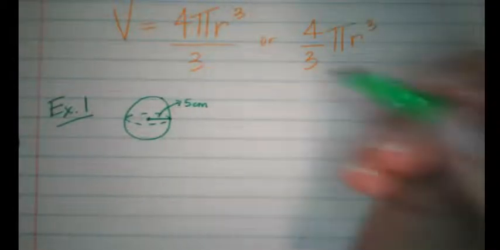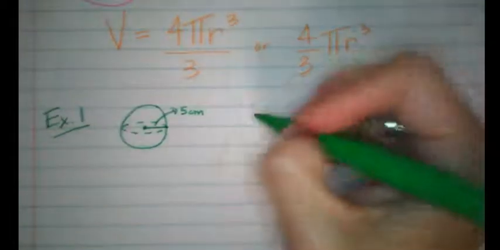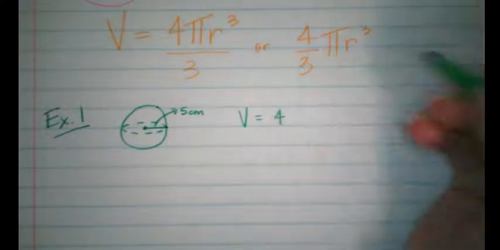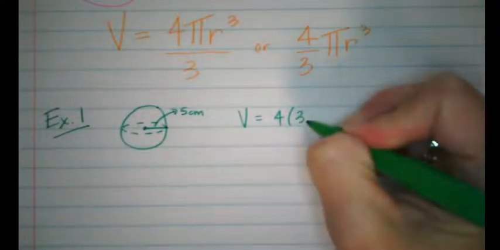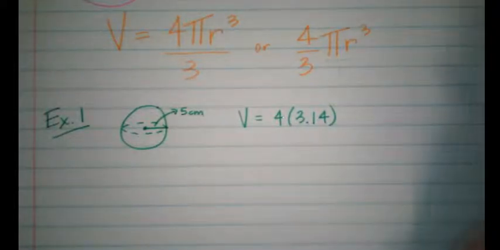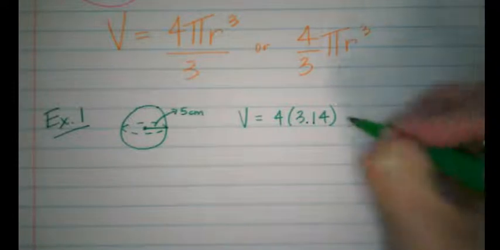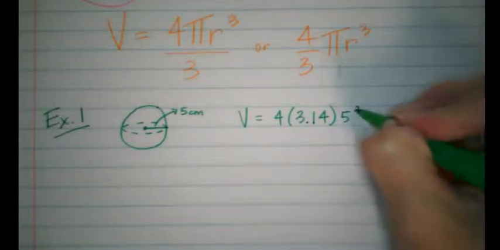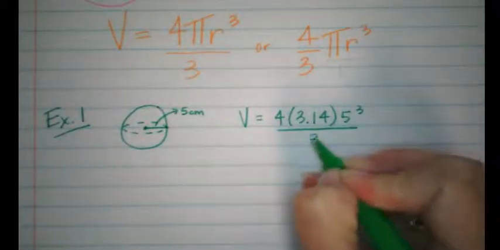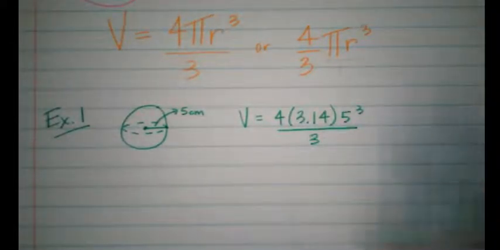All right, so we're going to use our formula here. So the volume is, we have 4 times 3.14 for our pi, and then we have to multiply that by 5 cubed, and then don't forget that we have to divide our answer by 3.